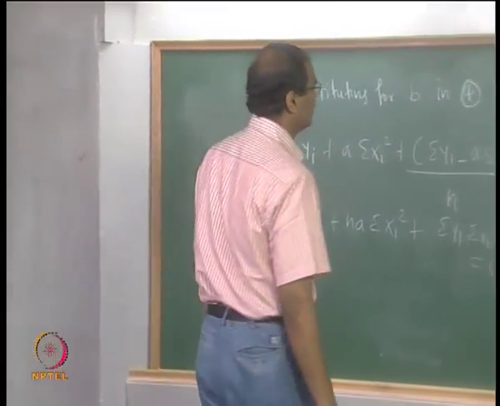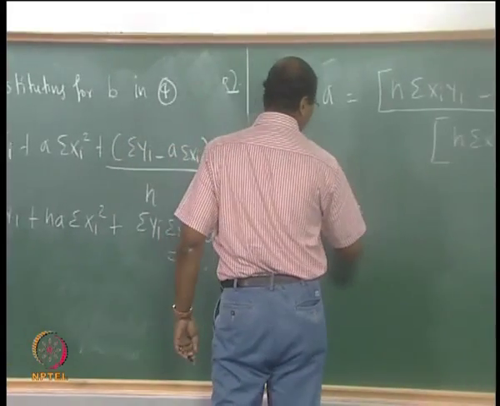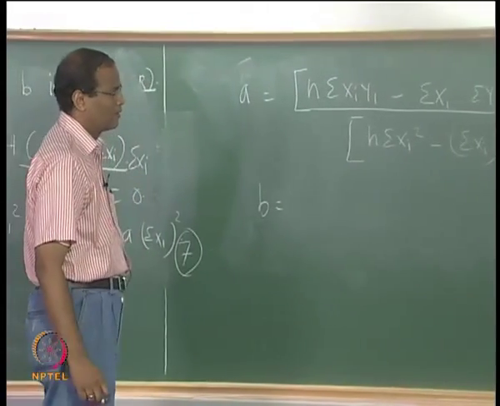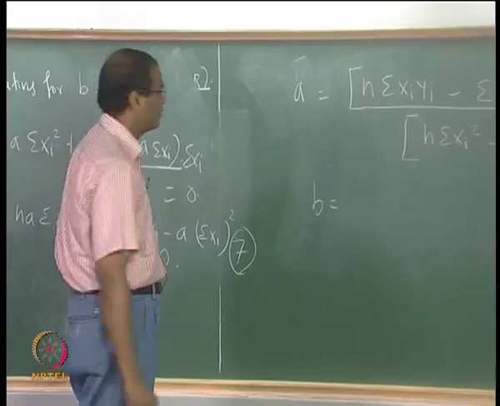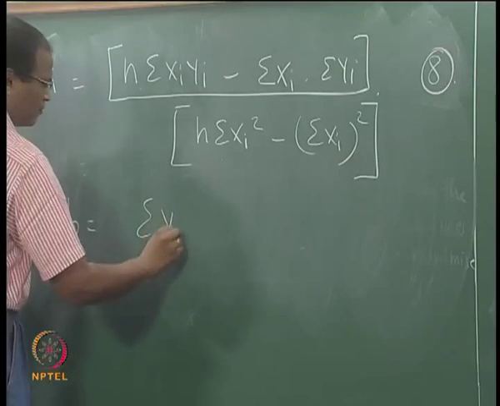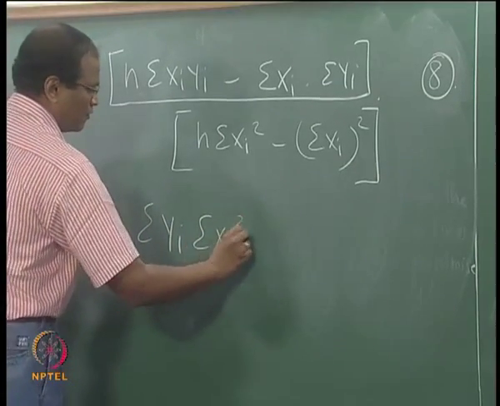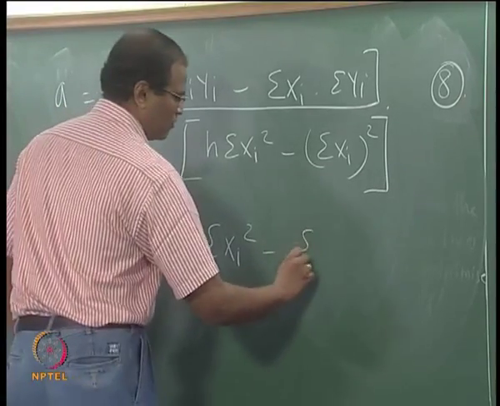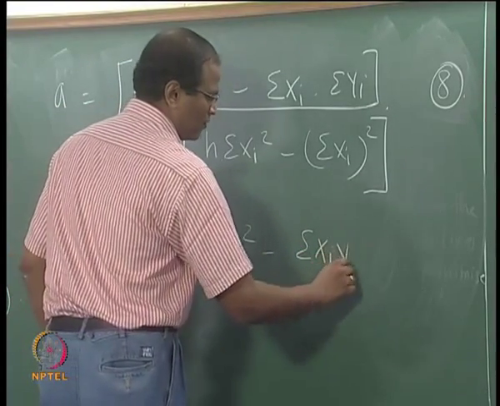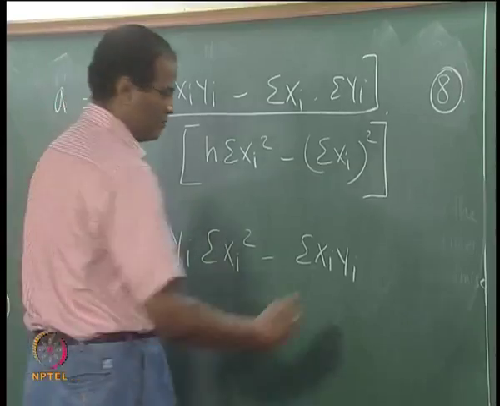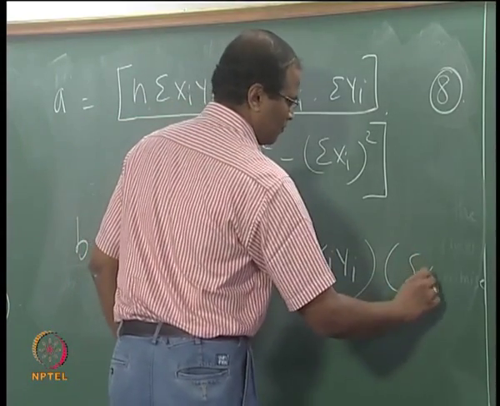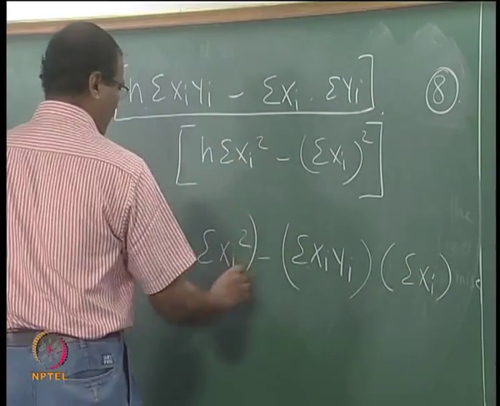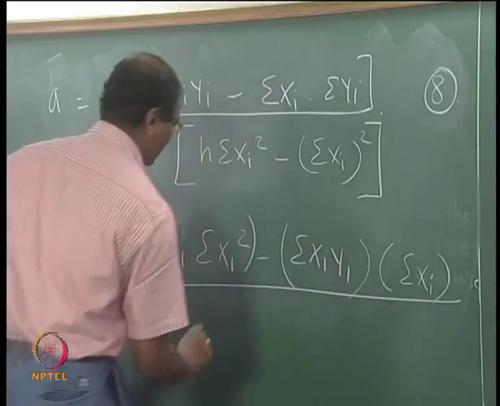B equal to sigma yi sigma xi square minus sigma yi xi xi, into sigma xi, by n sigma xi square minus sigma xi squared, same thing.